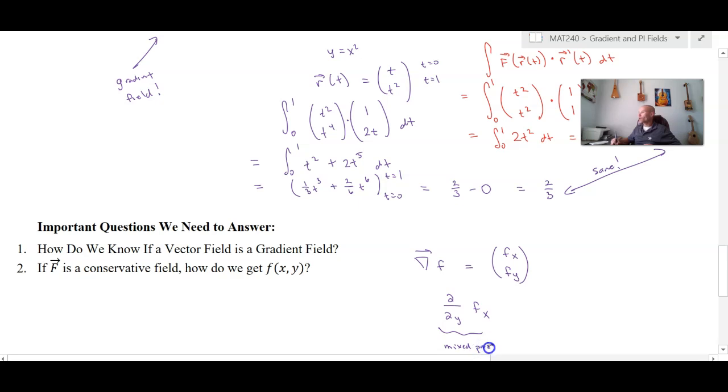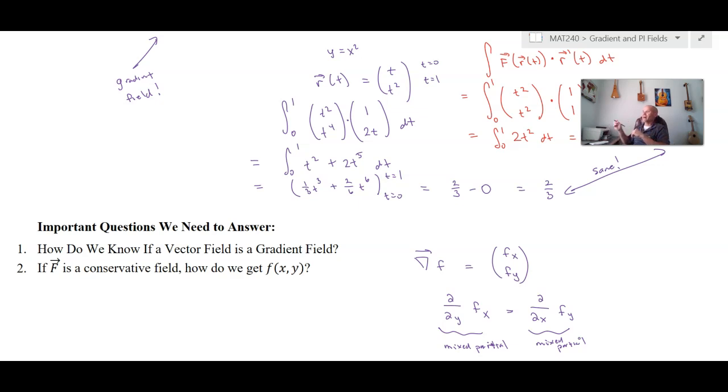And the cool thing that we know about mixed partials is that you get the same mixed partial if you take f of y and take its derivative with respect to x. So the two mixed partials we've learned, it doesn't matter whether you take the derivative with respect to x and then with respect to y, or you take the derivative with respect to y of that function and then take its derivative with respect to x, we get the same answer.